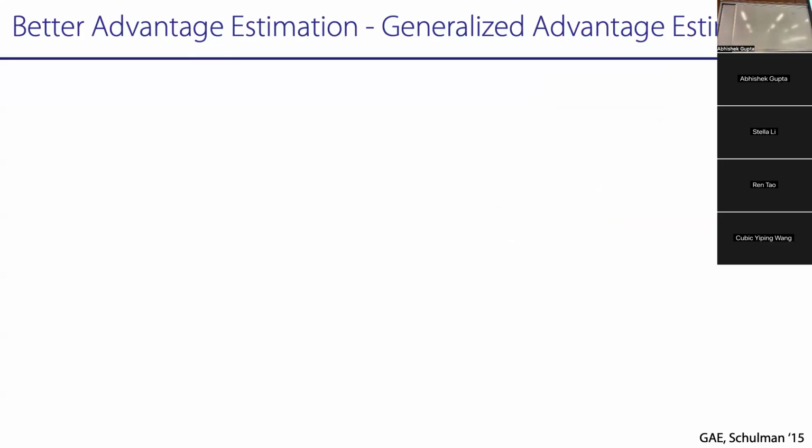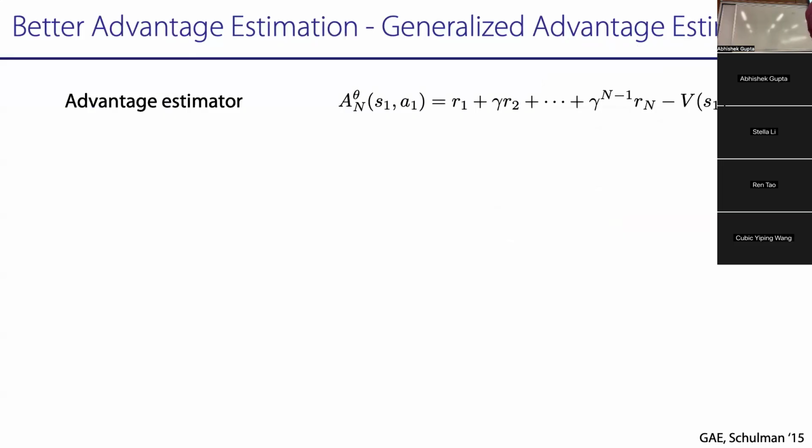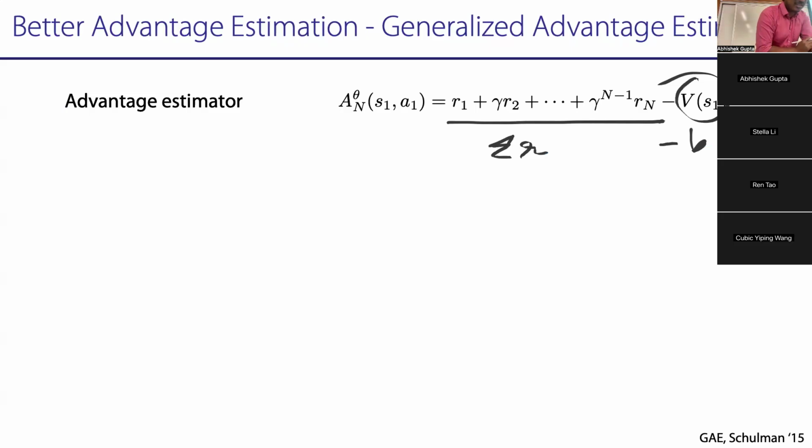So right off the TRPO paper, they had this paper called Generalized Advantage Estimation, which is kind of neat. It's basically trying to reduce the variance of this estimator. This estimator is the same thing I said earlier: it's basically sum of R minus B, right? This thing is your baseline, often called a value function.